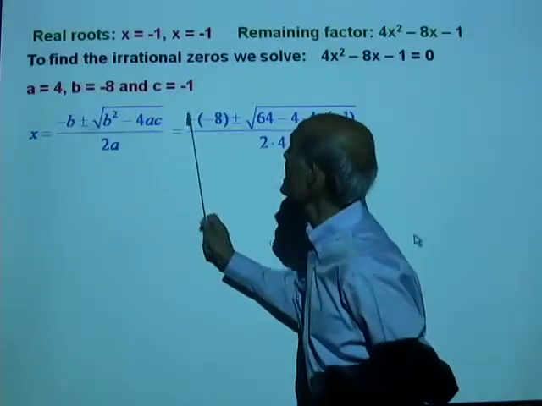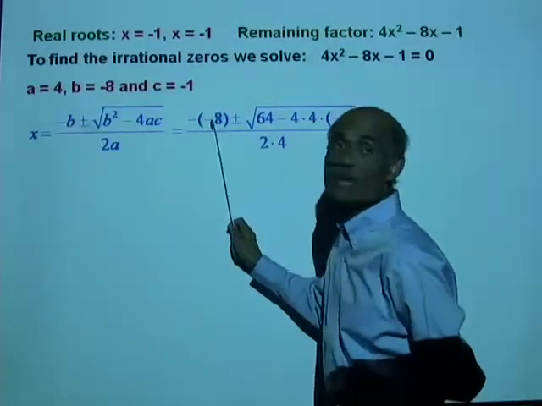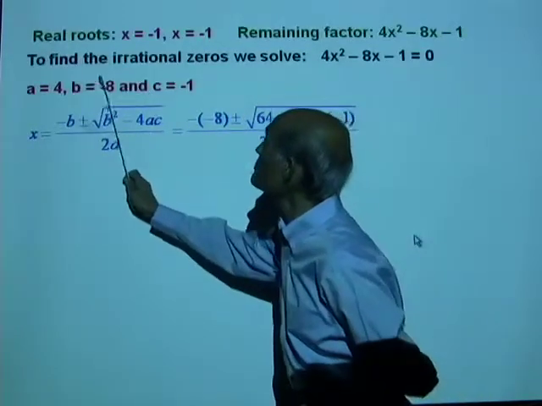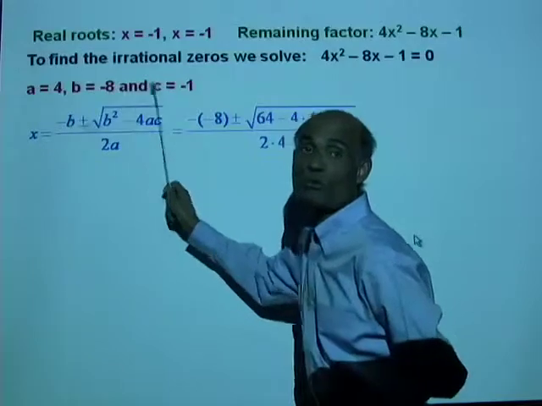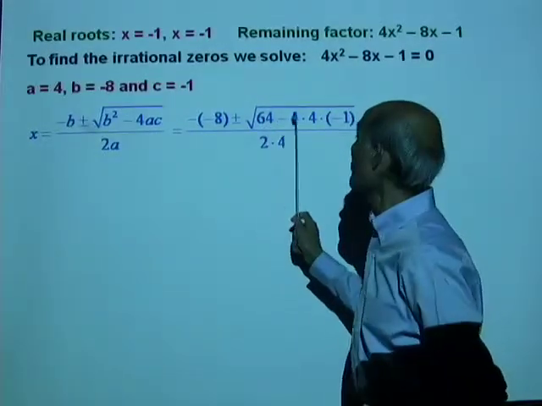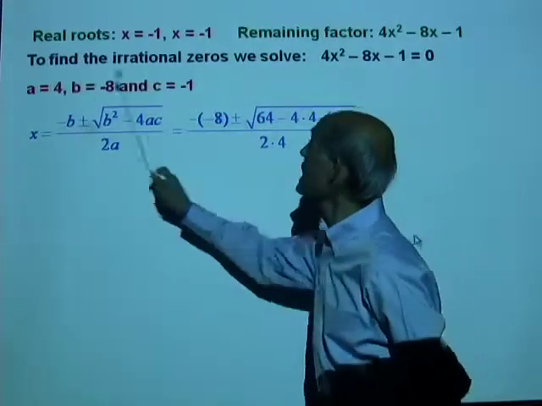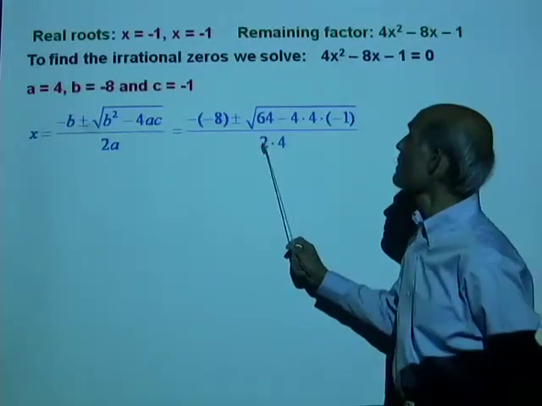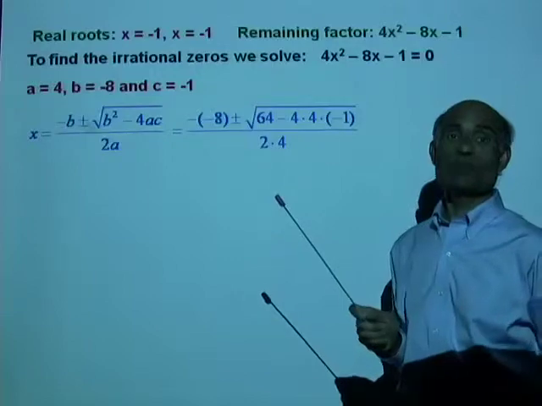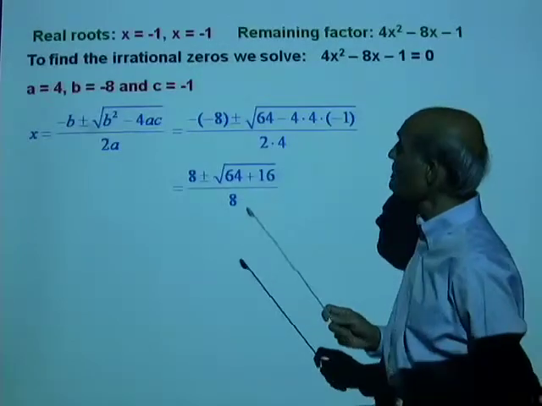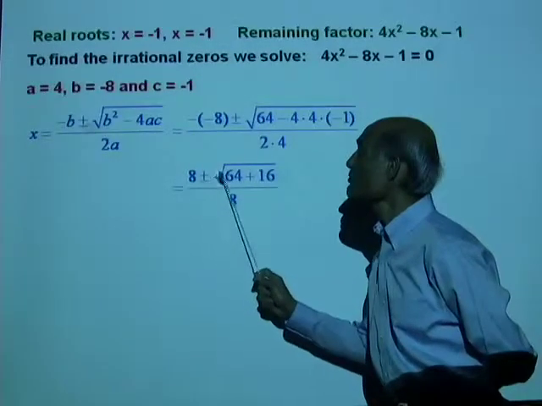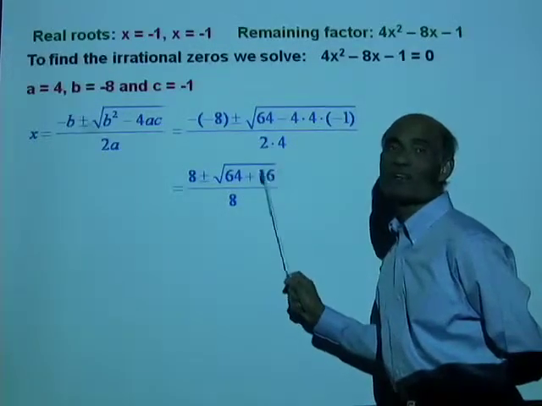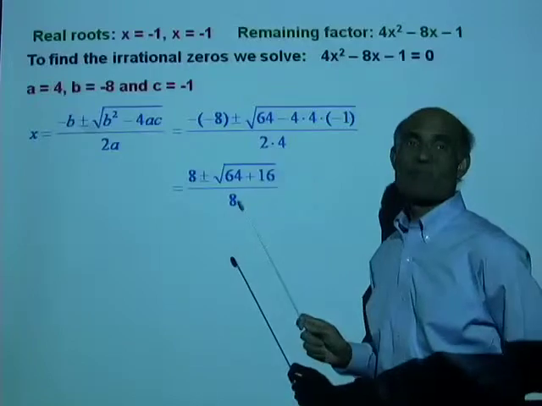Negative B, negative times negative 8, plus or minus square root of b squared, negative 8 all squared is 64, minus 4a, a is 4, times c is negative 1, over 2 times a, which is 2 times 4. And that gives you 8 plus or minus square root 64 plus 16 over 8.